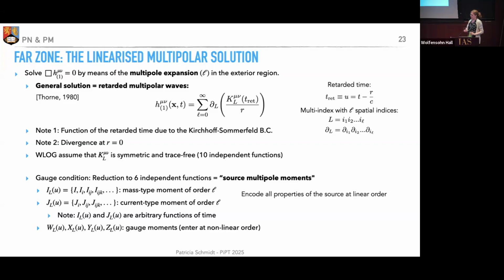Now, notation. This is funny notation that people often get confused by. So this capital L here is what's called a multi-index, and it's only for spatial indices, right? So let's assume little l is 2, and we're counting up to the second multipole term in the expansion here.